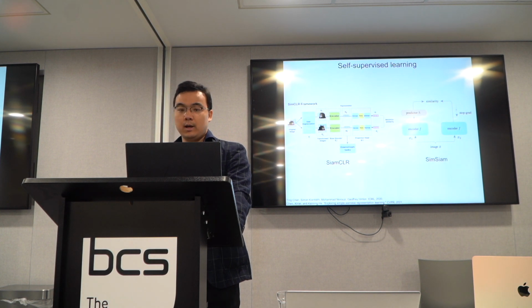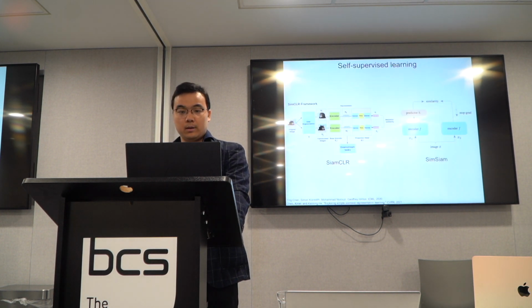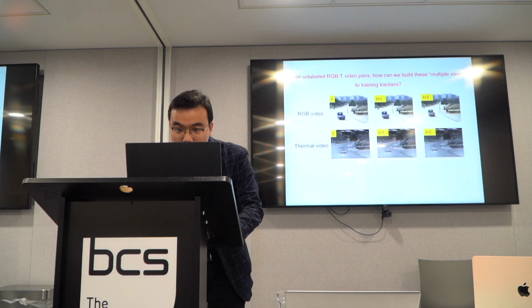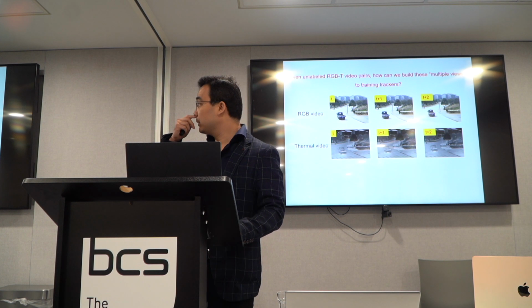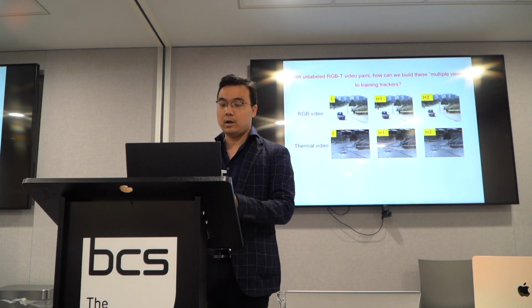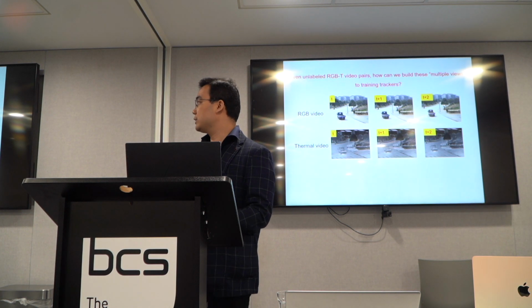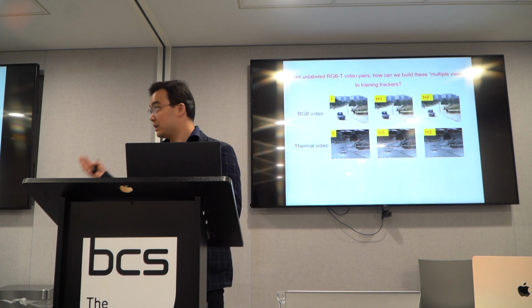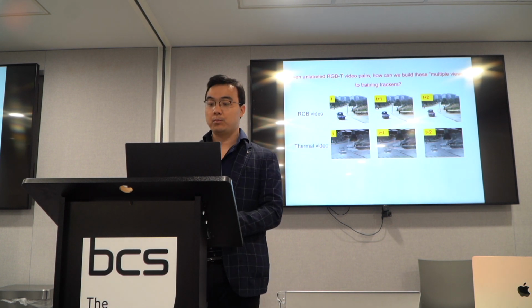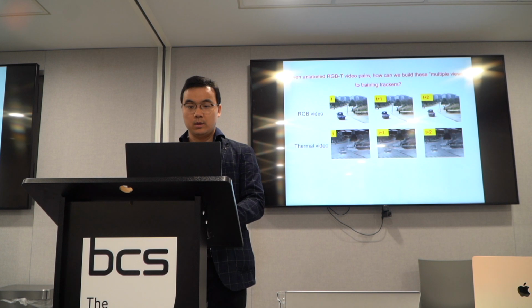Inspired by this idea, and also by my real life, I thought about how I can use unlabeled RGB and thermal video pairs to build these multiple views to train our tracker.